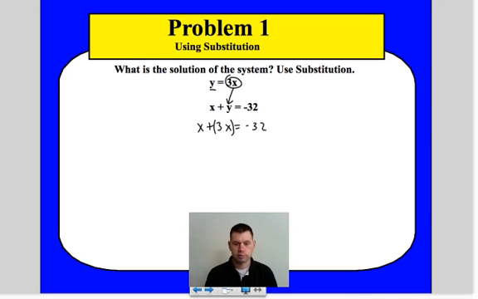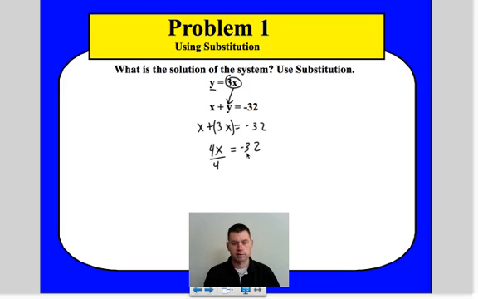I'll put this in parentheses. So now that's what y is. This is reading x plus y equals negative 32. Since they're equivalent, they're interchangeable. Now we take 4x, because x plus 3x is 4x, equal to negative 32.